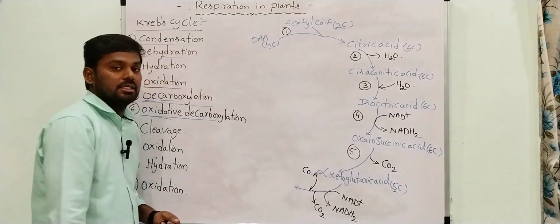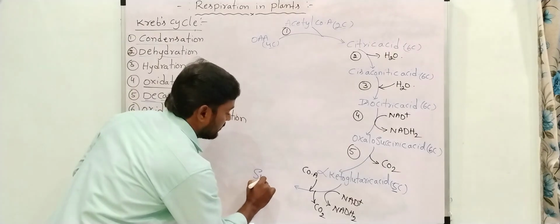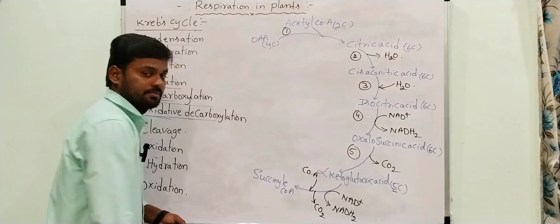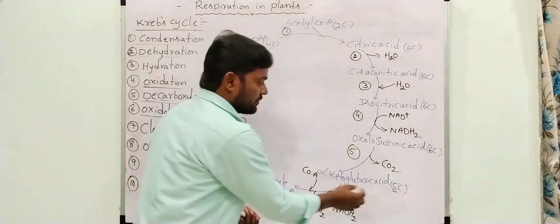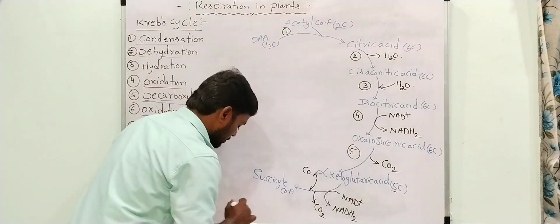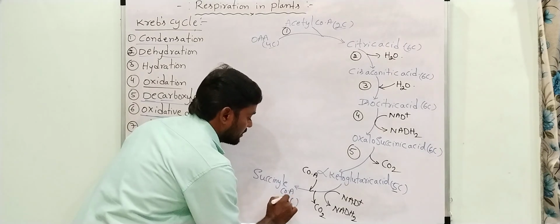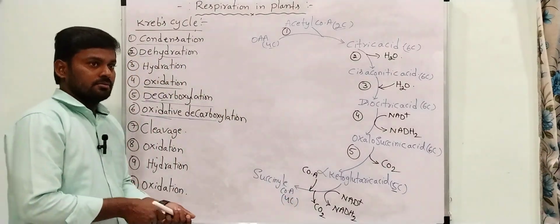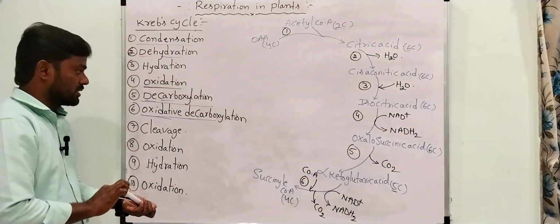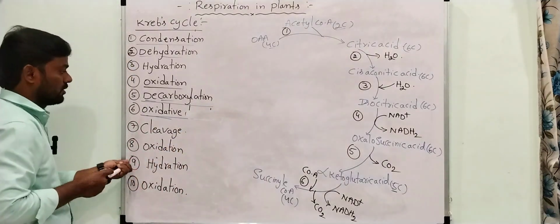To form succinyl coenzyme A. How many carbons are there? 4 carbons. Succinyl coenzyme A has 4 carbons. This is the sixth reaction of the Krebs cycle. I will write this point here, oxidative decarboxylation.